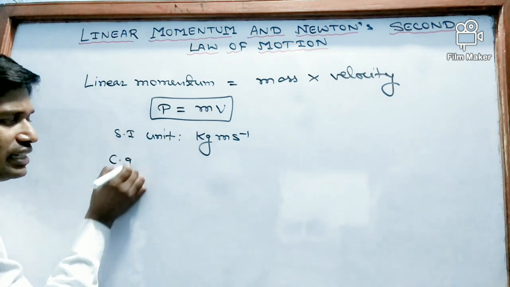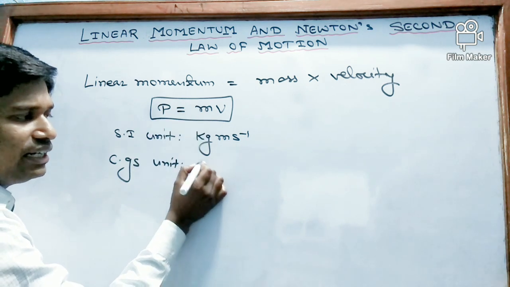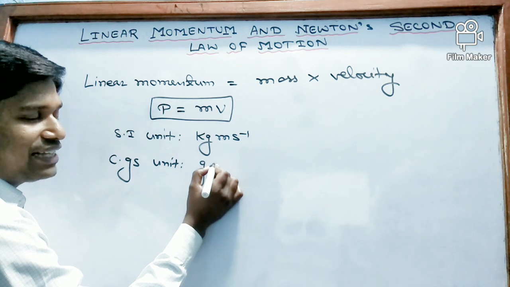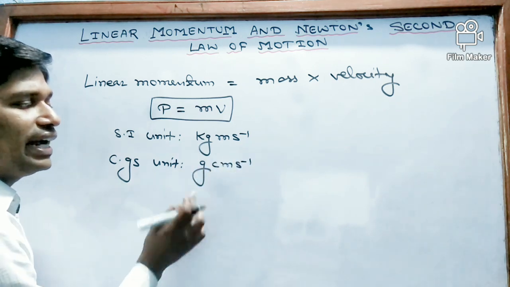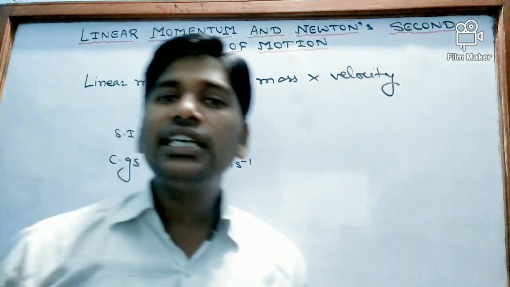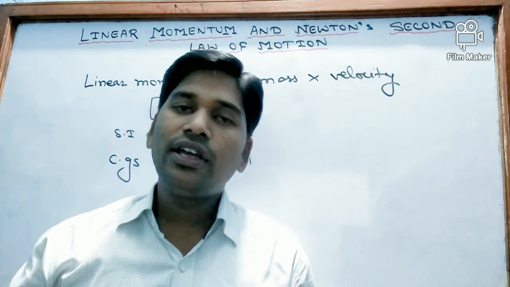If we talk about its CGS unit, mass is measured in gram and velocity in centimeter per second. So we can write gram centimeter per second. This is about linear momentum.